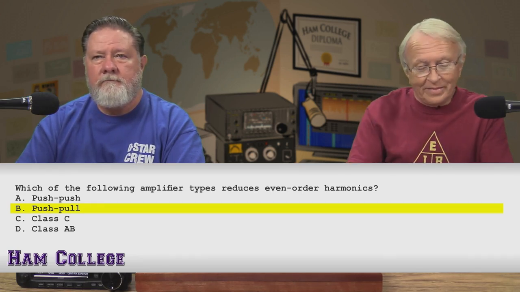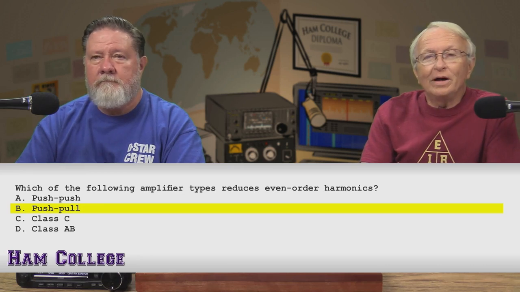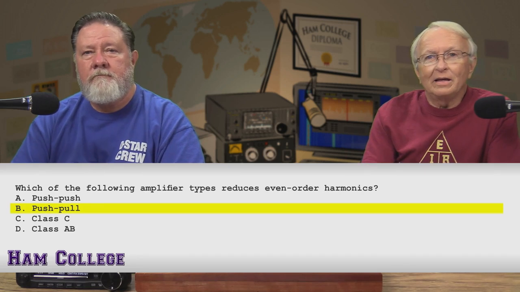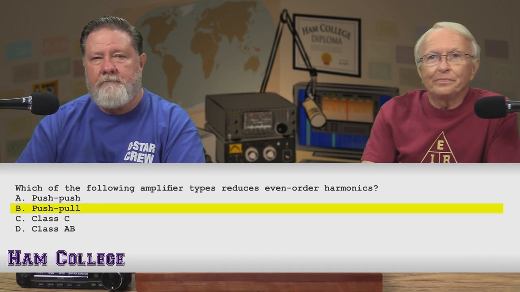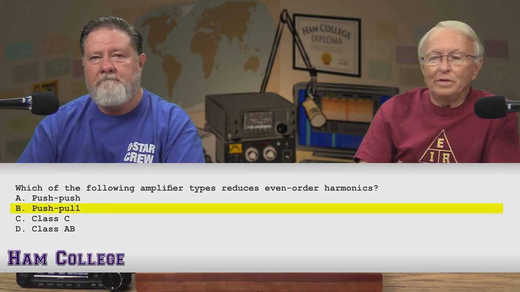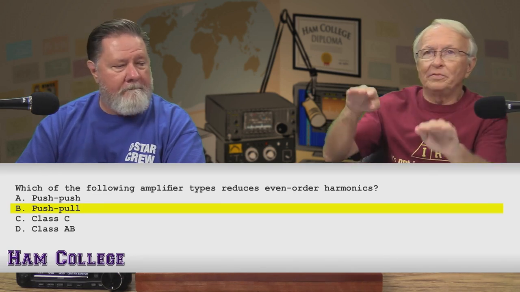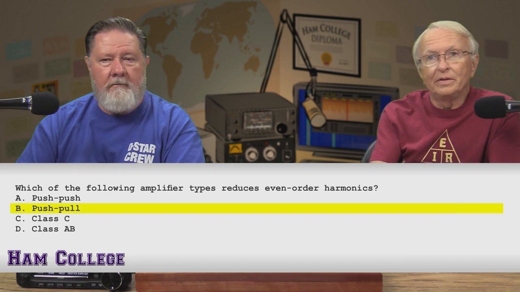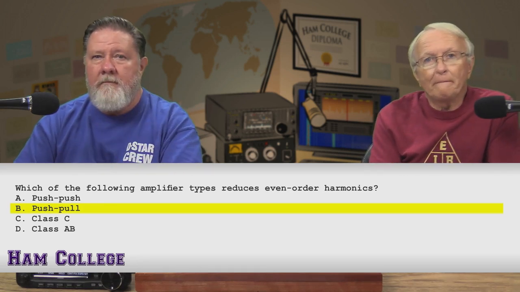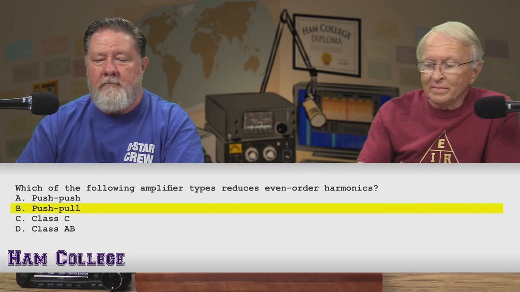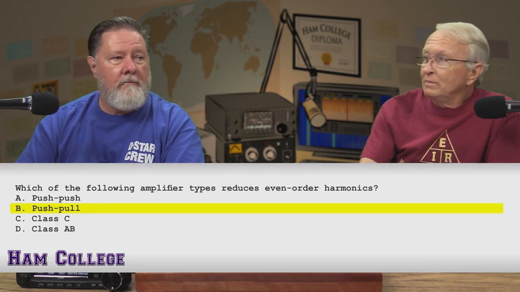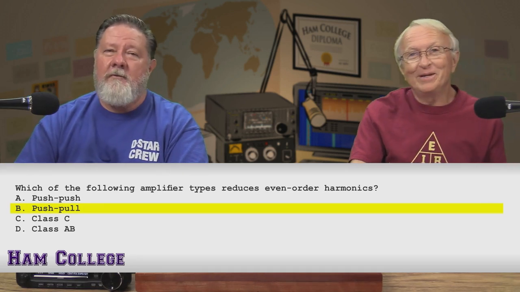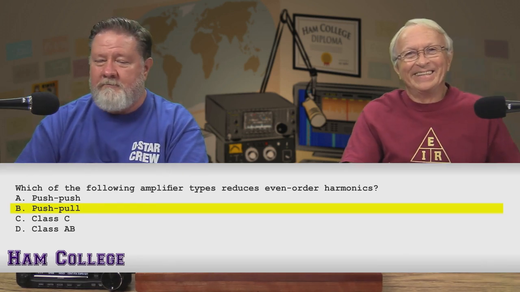You're right, because you could have a single element class AB amplifier, and you wouldn't have the two halves of the signal canceling each other out, or the harmonics out. Okay. Wow, you're winning. Don't worry, I'll catch up and pass you.